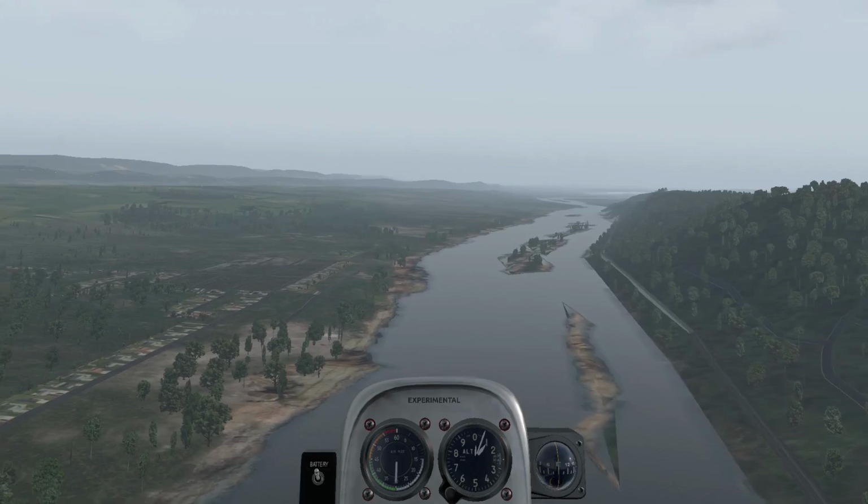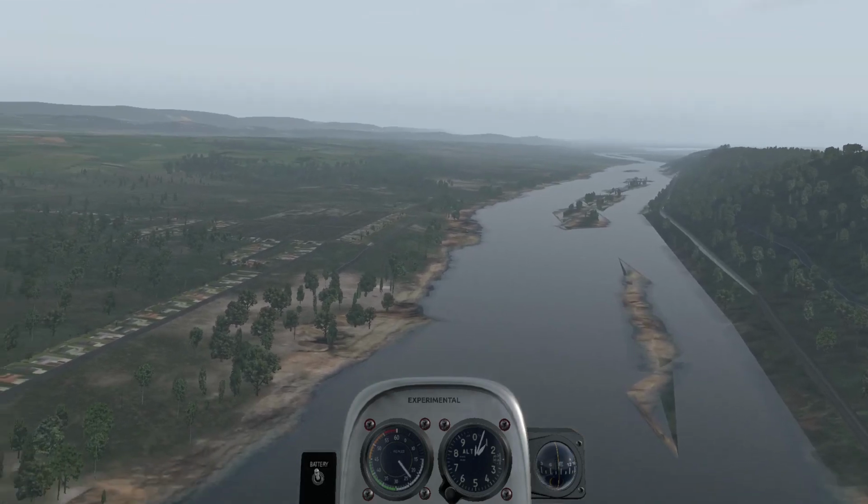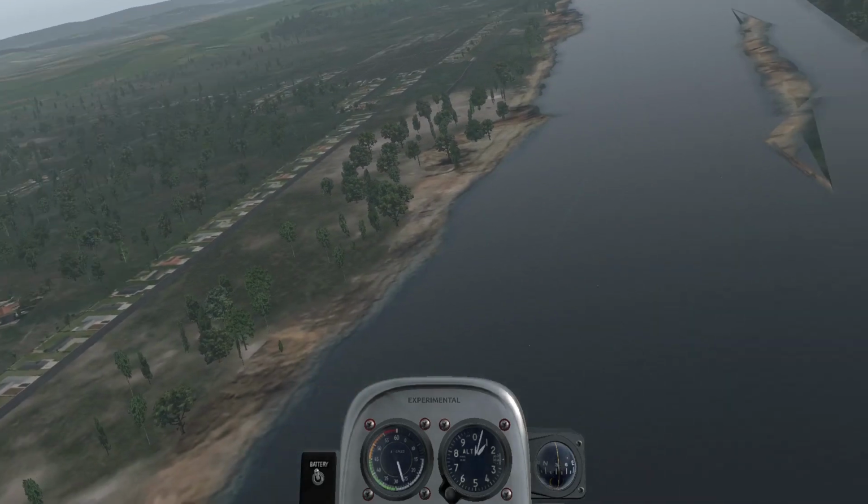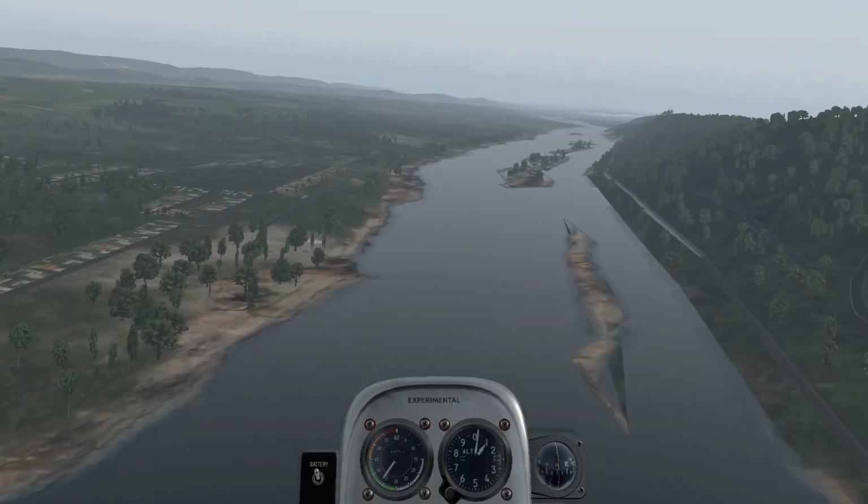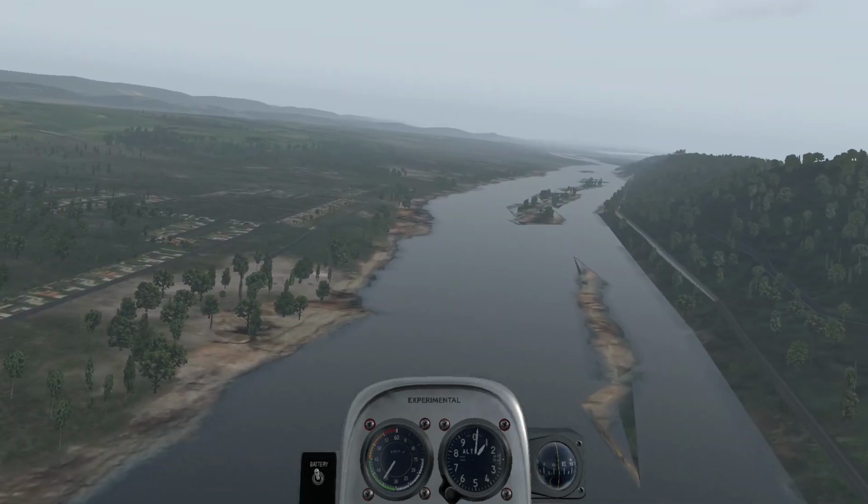I got the power out. I'm going to put power in. Notice when I put the power in on this machine, it immediately shoved the nose over. What if I put the power in and the nose is already shoved over? Let's see what happens.